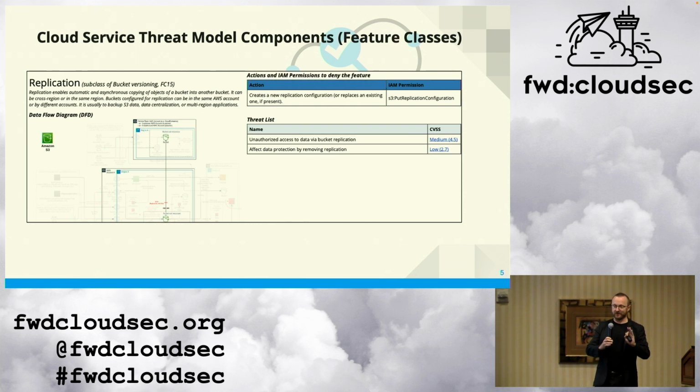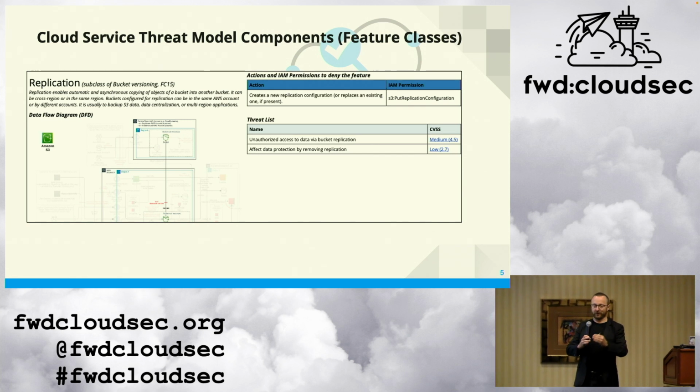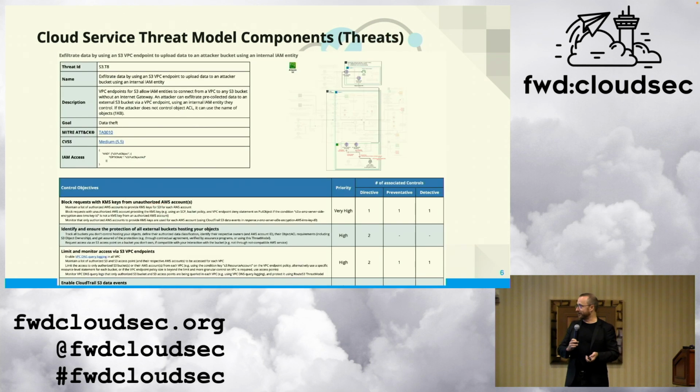If I'm just using the hosted model part of SageMaker, by doing IAM permissions, I'm not giving people create notebook instance, for example, I can say, okay, I'm really going to focus on the threats related to hosted models. And then once I'm looking at the threats for hosted models, I can then look at the controls I've got in place for that as well.